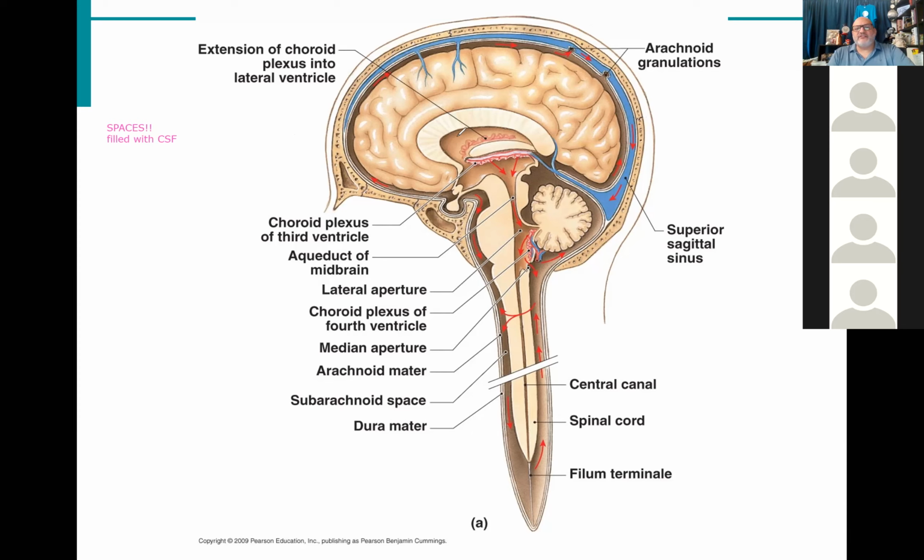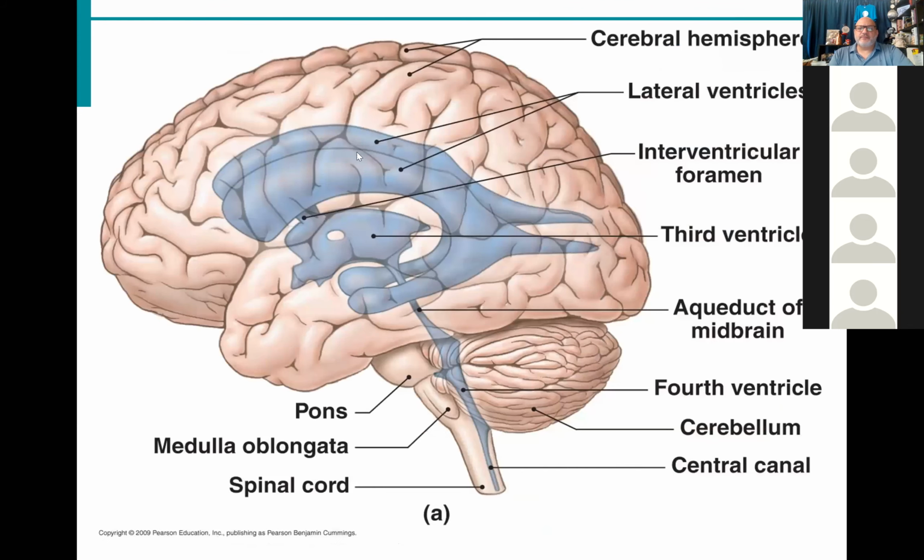Let's say, for instance, you are a drop of cerebral spinal fluid that is made in a lateral ventricle. From that lateral ventricle, there is only one place you can go. You have to get into the third ventricle. Notice if we go back two pictures, here is our lateral ventricle, and we need to get into the third.